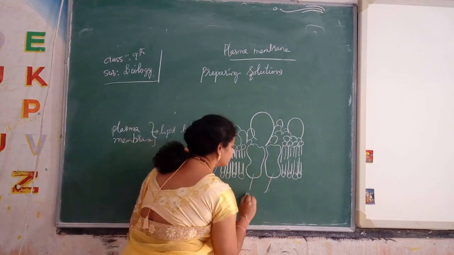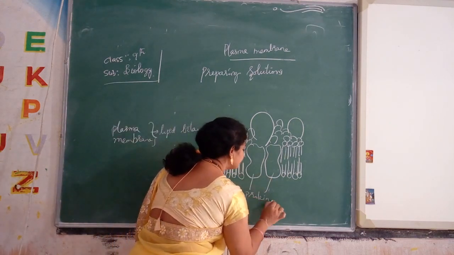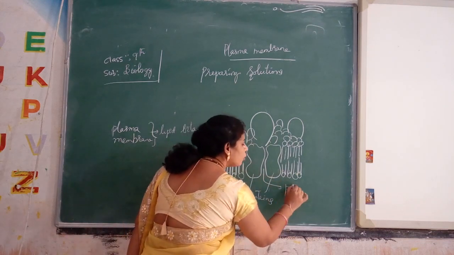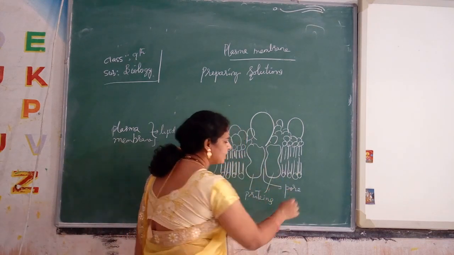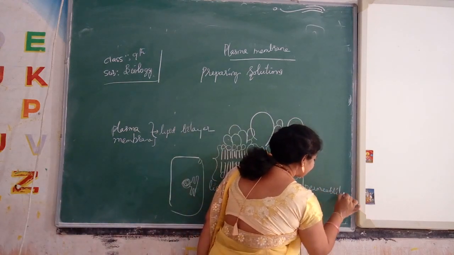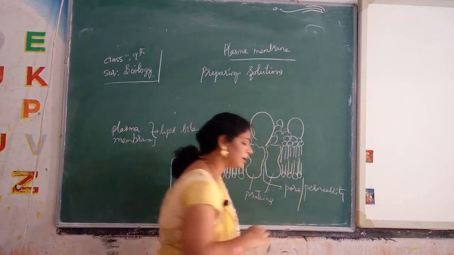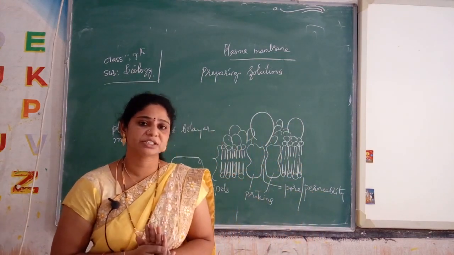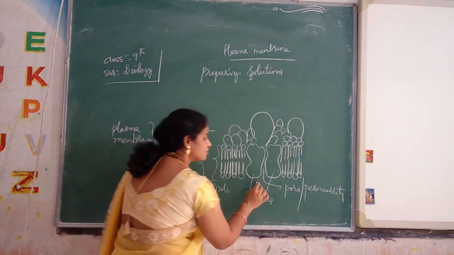And what is this one? These are the proteins. This opening in the protein is a pore, mainly for permeability. We always say the plasma membrane is permeable. Permeability is needed because the cell is undergoing many metabolic activities, like the exchange of gases.